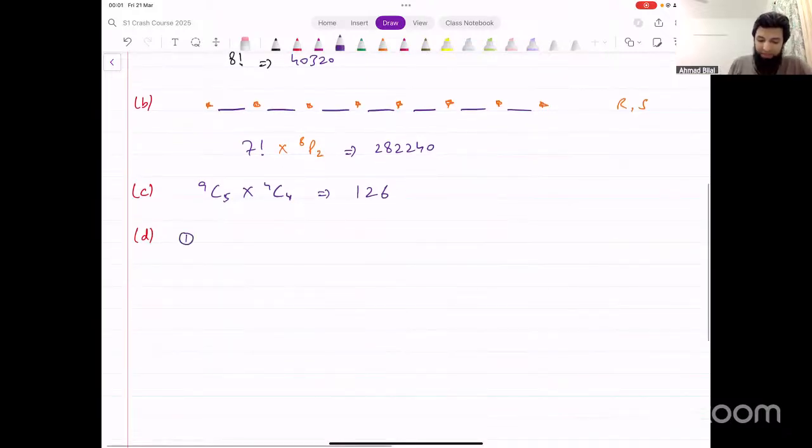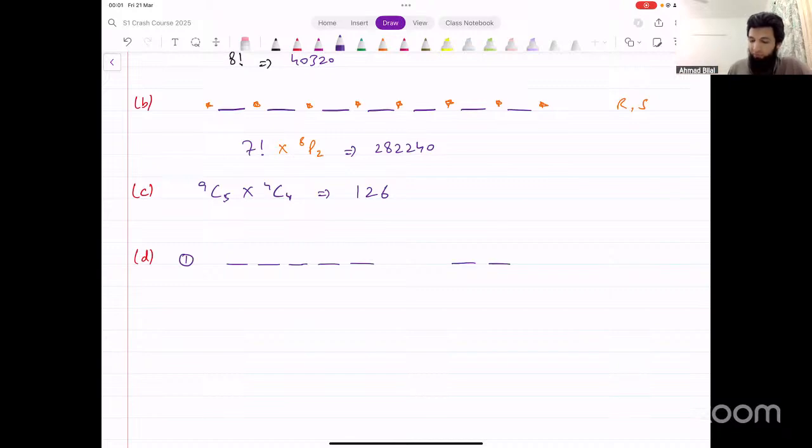So the first case could be that Raman and Sanjay, both of them, are in the 5-member group. So 1, 2, 3, 4, 5. We've got 5 places in one group and 4 places in the other group. Let's say Raman and Sanjay are both here in the first group. Now, if they're both here, how many people are we left with? We're left with 7 people, right?